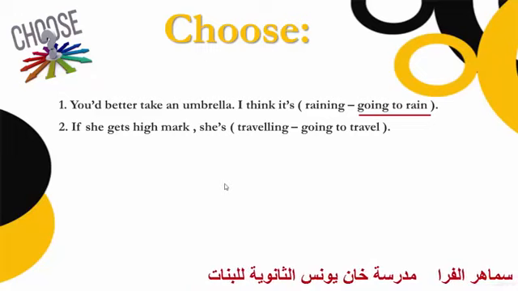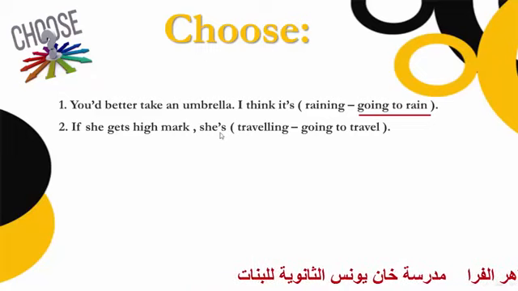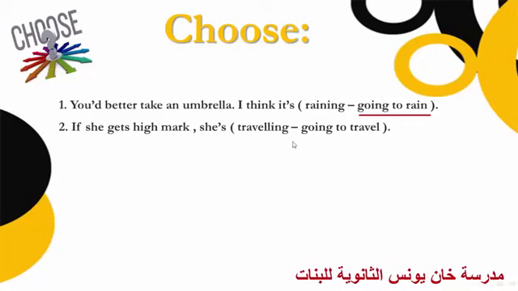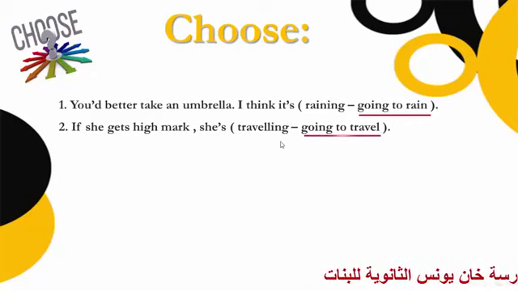If she gets a high mark, she's traveling or going to travel. Going to travel. If conditional one with going to. We said that when it is just a conditional situation, we should use going to. But if the sentence describes an offer, we should use will.